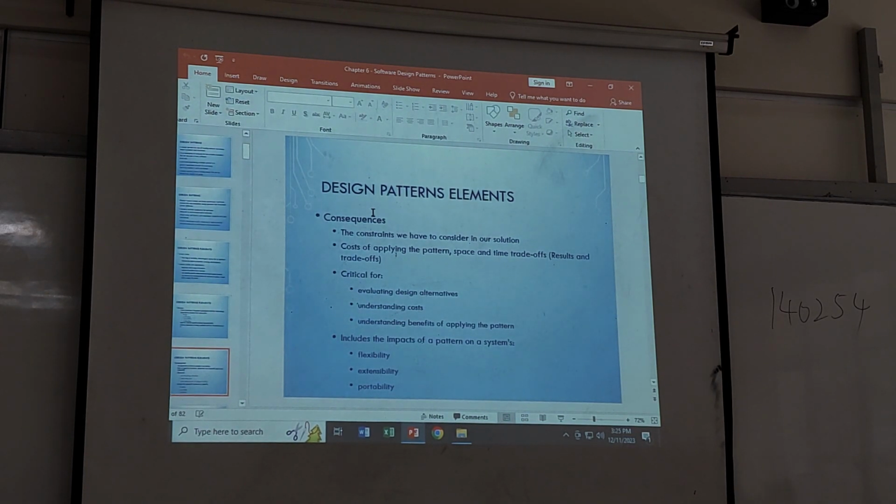Because maybe this happens, maybe to provide... So these are some of the impacts when we apply design patterns.